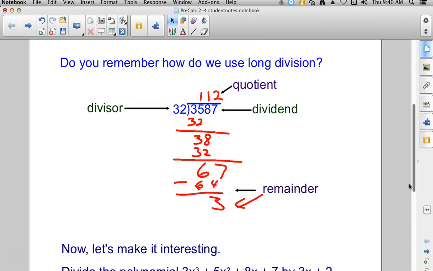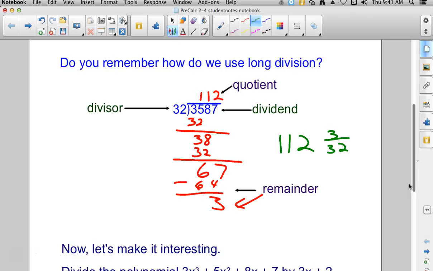That's what our quotient is. And then our remainder of 3, we actually learned that what we need to do is think, okay, that's our remainder, but that's a portion of what we were trying to do, exactly, which we divide by the 32. So it would be 112 and 3/32 that we're looking at there.